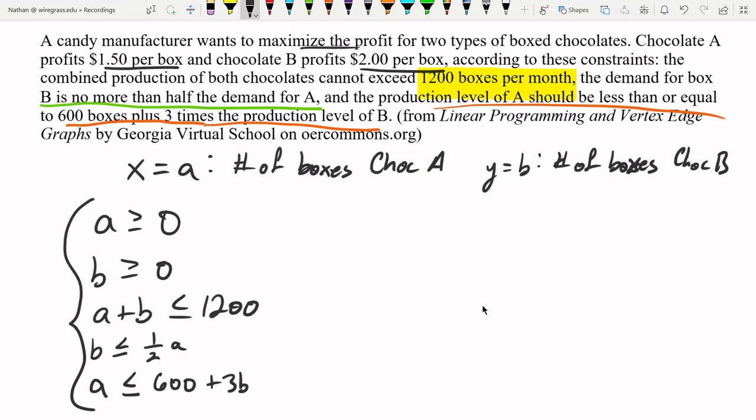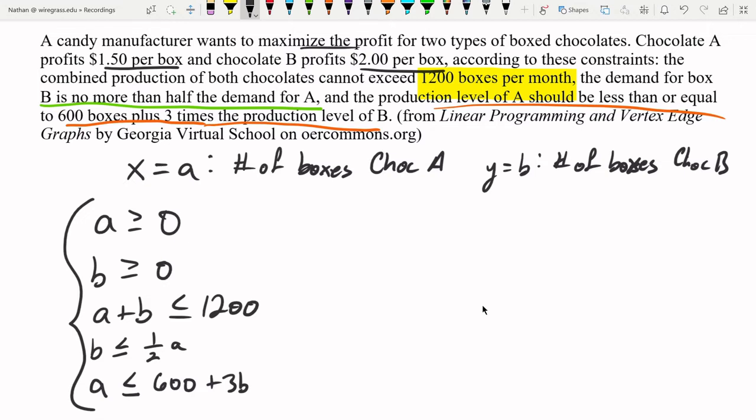There's a lot of them here, but that's because we're constraining it down to be a single region. When we looked at systems of equations, we only needed 2 equations because we were looking for the intersection. Here we have a region of possible answers, so we need a bunch of constraints to find that.